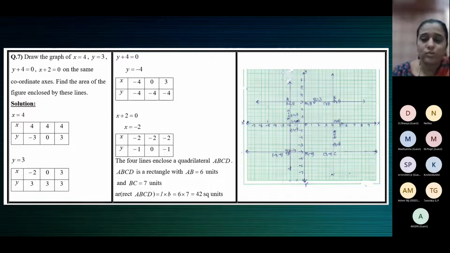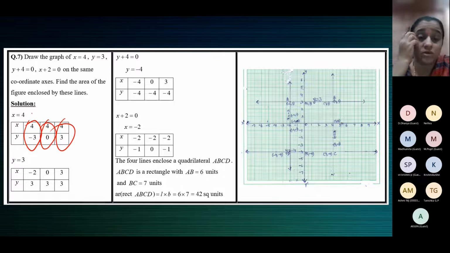So when you plot these points, you get a line. These points 4, minus 3, 4, 0, 4, 3, give you the line for the equation x is equal to 4. Now we learn something else from this.